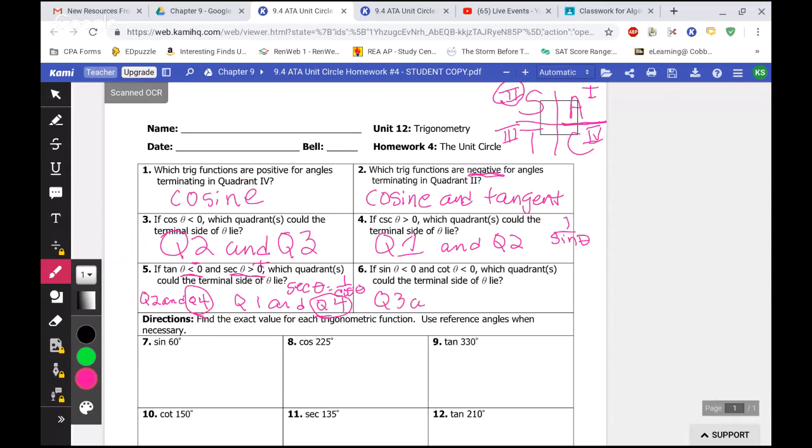Did I do that right? And then if cotangent is negative as well, cotangent is positive in 1 and 3, so it's negative in 2 and 4. So the only answer that's in common for both of them is quadrant 4. So that's your answer.